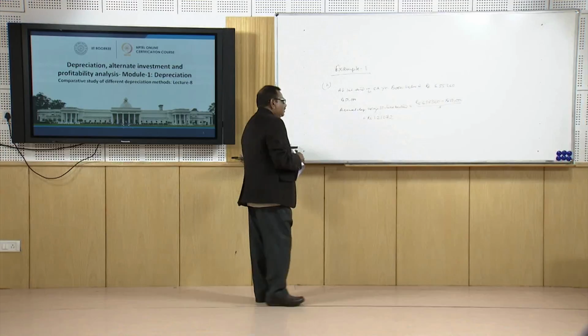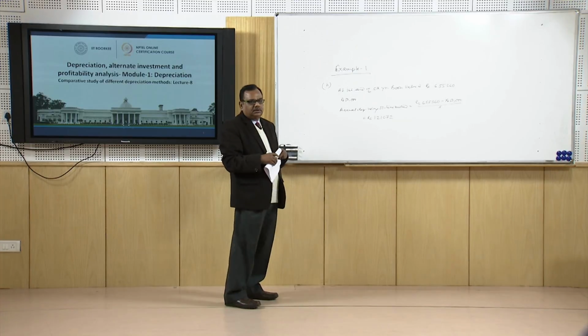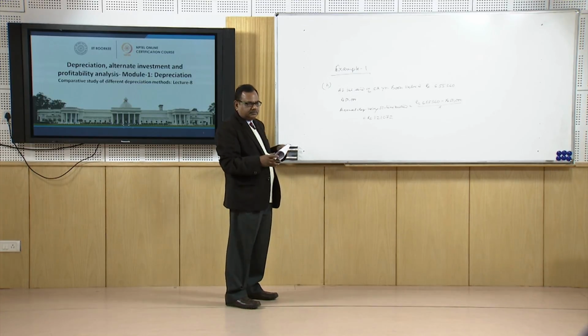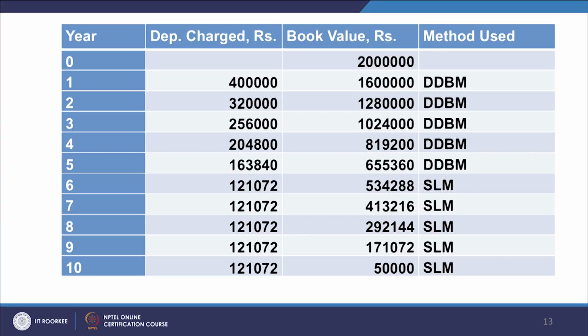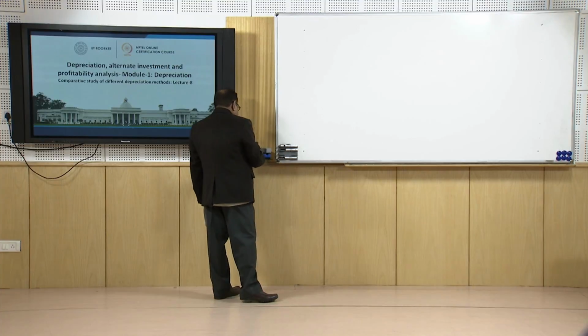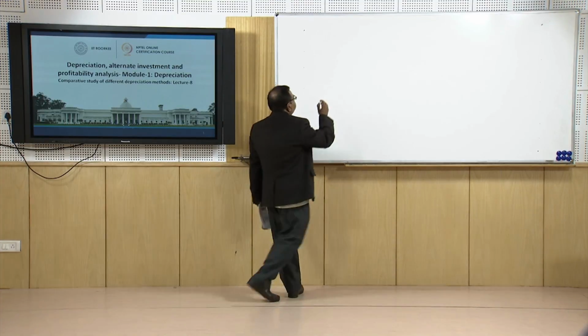As this is a straight line method, the depreciation per year remains constant. So, for the next 5 years the depreciation per year will be 1,21,072. Now, this is the second question, example number 2.